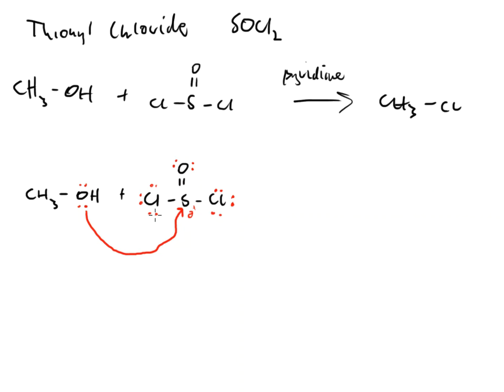I'm coming in, and you're going to give me what I want. You're in a relationship with 3 other people right now, and I know you're overextended, but you're going to have to make a decision. You're going to have to get rid of something because I'm here and I'm staying. And sulfur looks at that chlorine and says, okay, well, you're the ugliest, so you've got to go. I found a new trophy husband or a new trophy wife. Well, that chlorine is going to end up leaving. Pop! Off it goes.